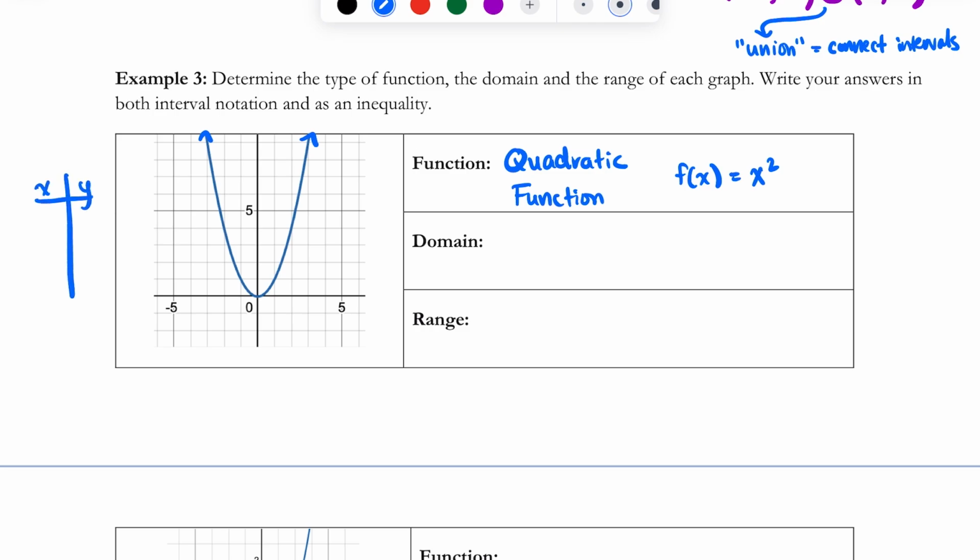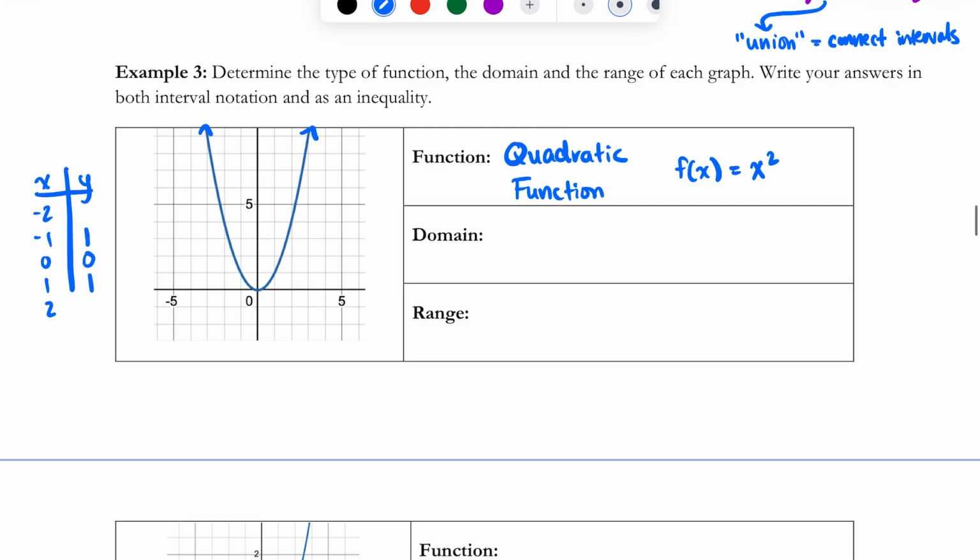I'm just going to plug in some values: -2, -1, 0, 1, and 2. If I plug that into our function, I get 0 for 0 squared. 1 squared is 1. It'll be the same thing for -1. And then 2 squared is 4. So same thing there, and I get those points on my graph.